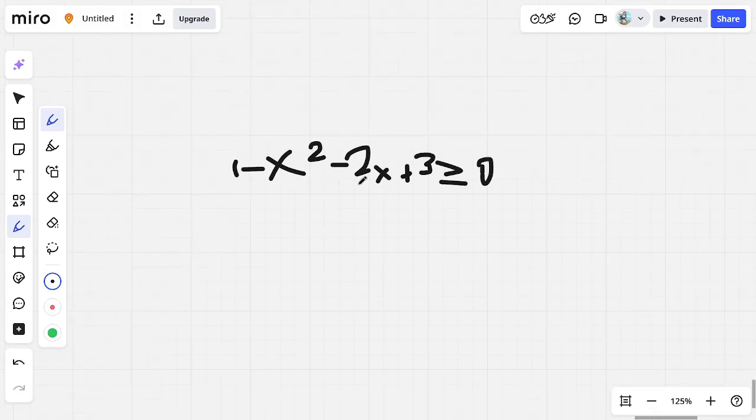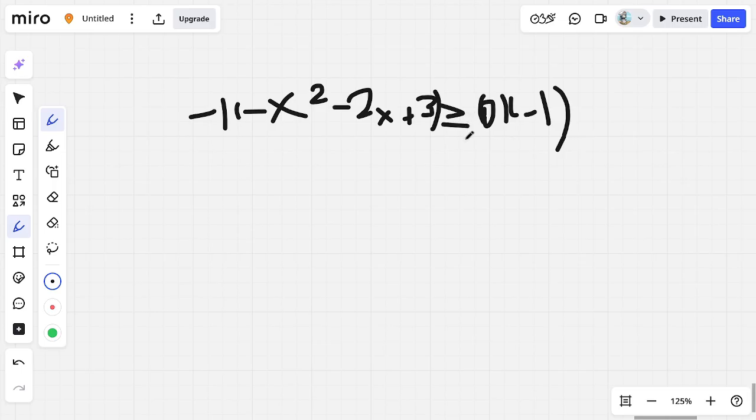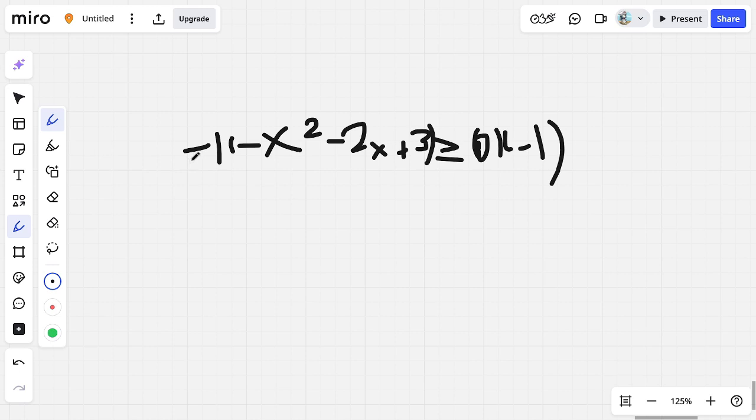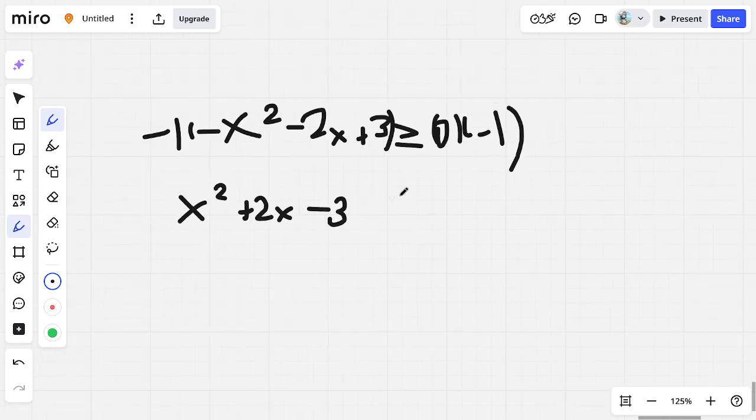If you multiply this by negative 1 and this by negative 1, the sign will flip. Negative 1, when you distribute it all to here, is going to make positive x squared plus 2x minus 3.